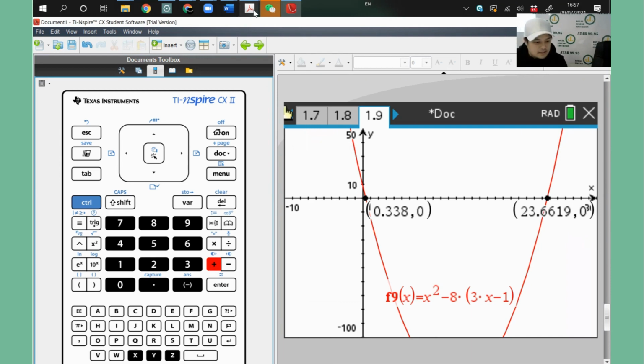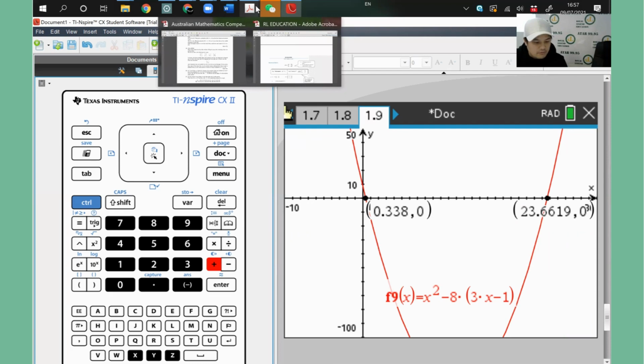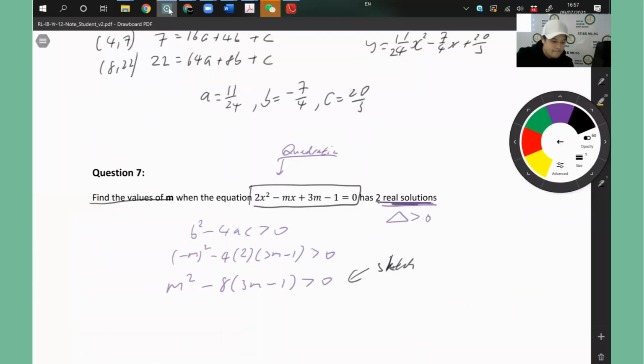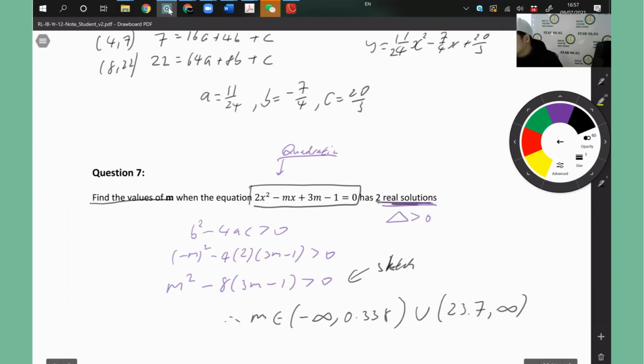So which means your answer is less than 0.338 and more than 23.6, 23.7. Round bracket, union. Okay, yeah. All right, have a look for question 8.